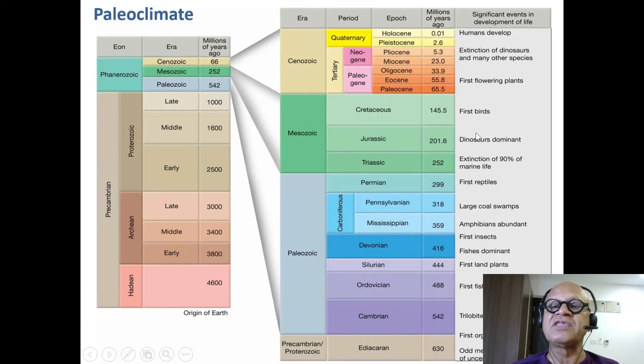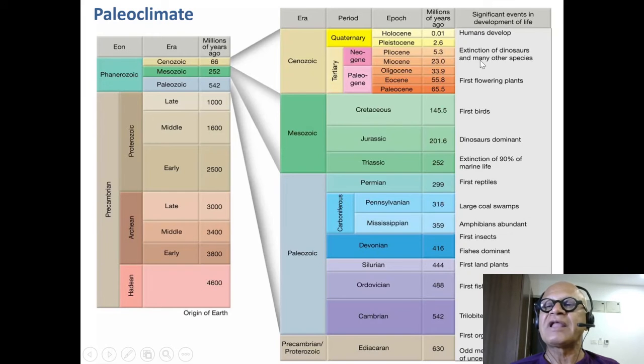Dinosaurs dominated, and they went extinct because of the meteorite crash around 65 million years ago. So that's the KT boundary, the Cretaceous-Tertiary boundary. It's called K because the C was taken up by somebody else before, I think the Jurassic-Cretaceous or some other boundary.